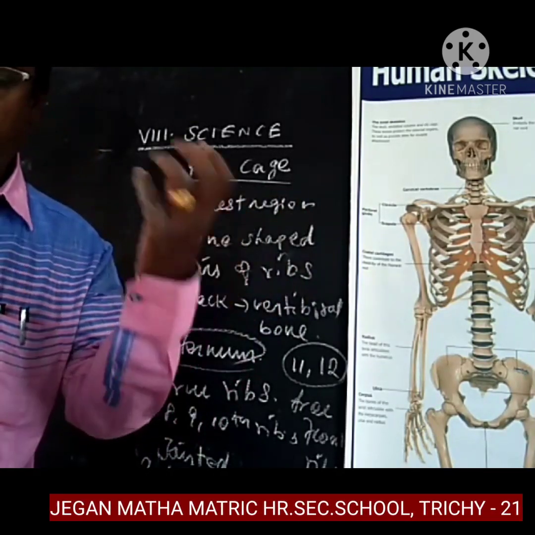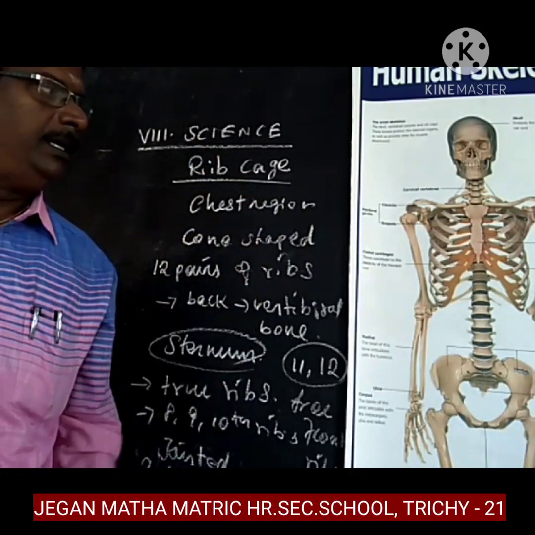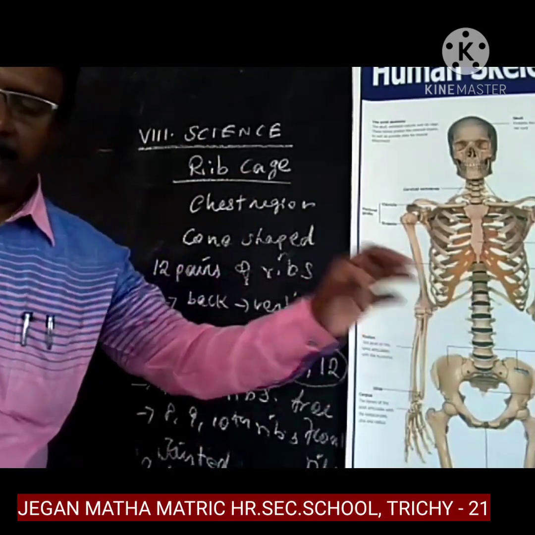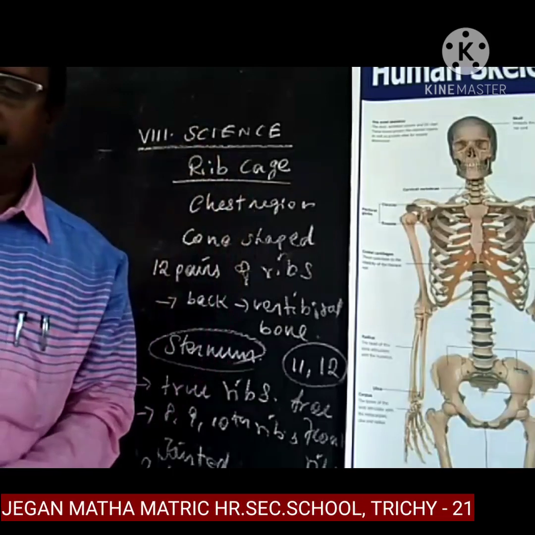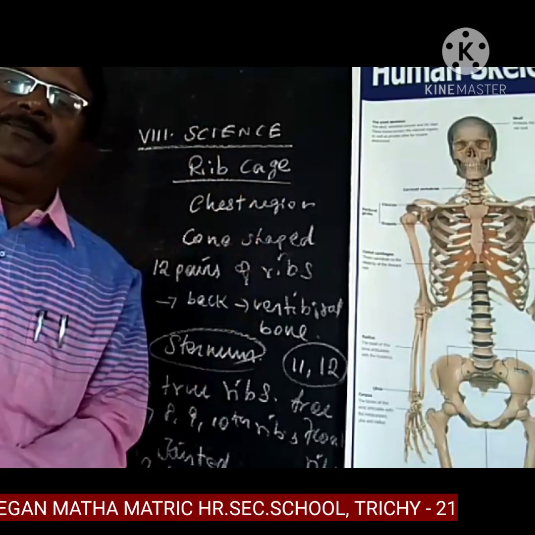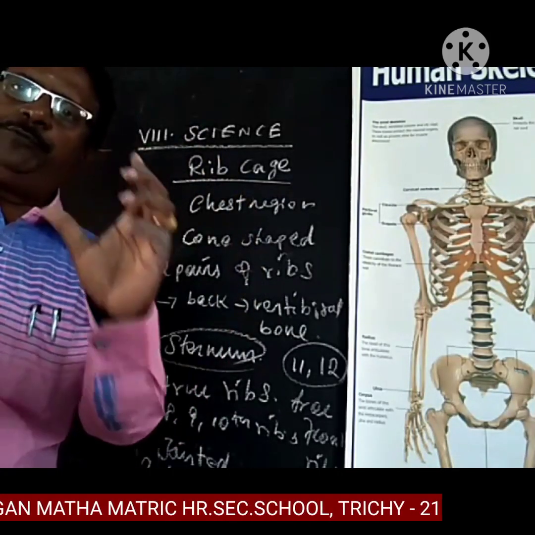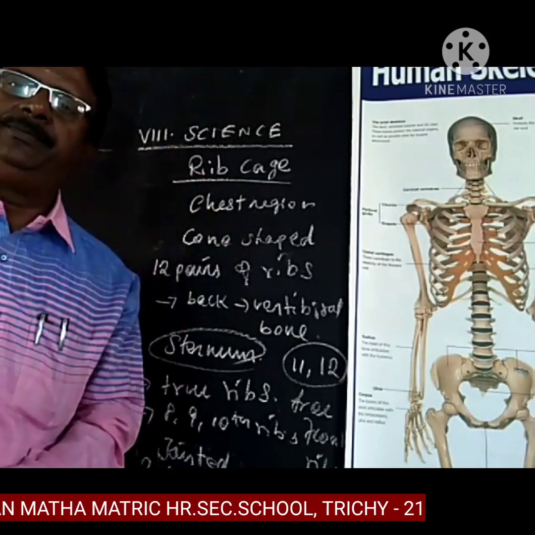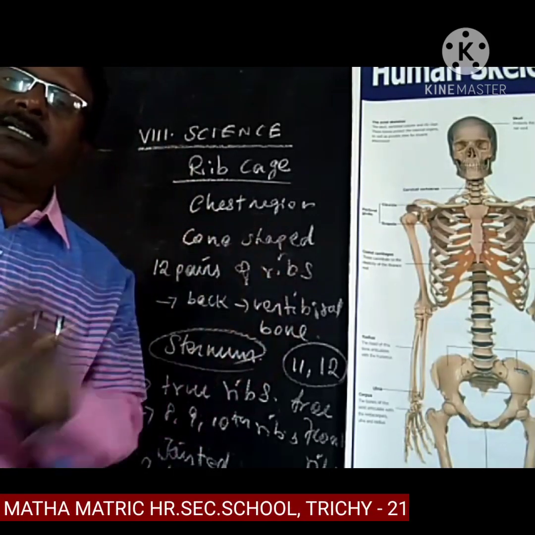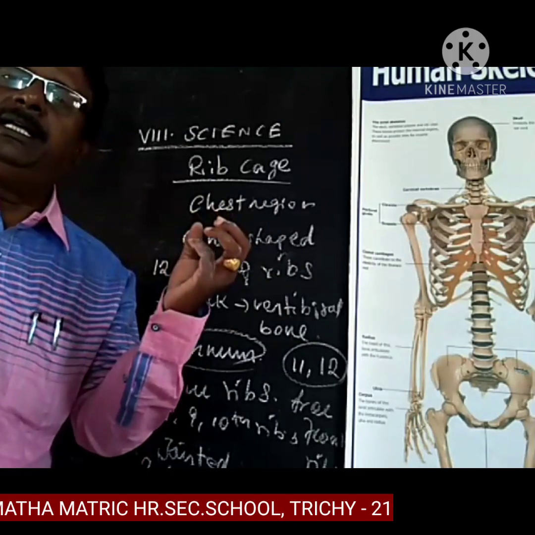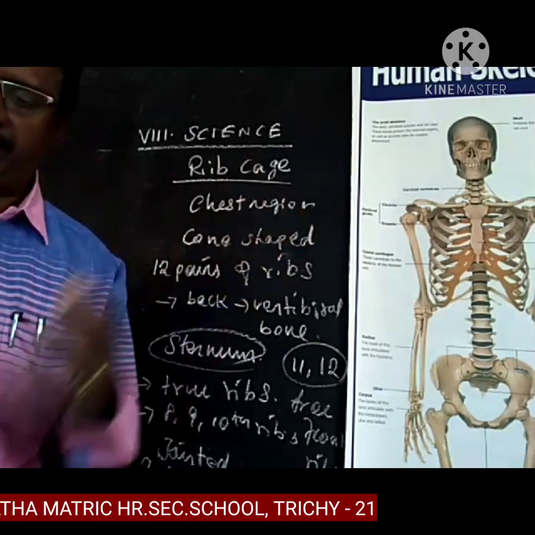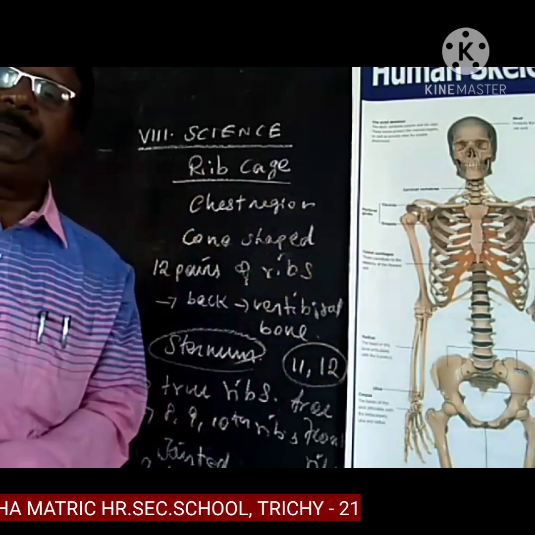The rib cage also protects the lungs, the heart, and a major portion of the liver, which lie in this region.